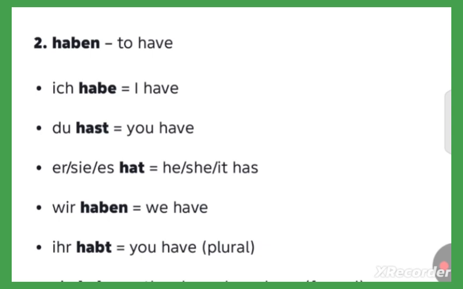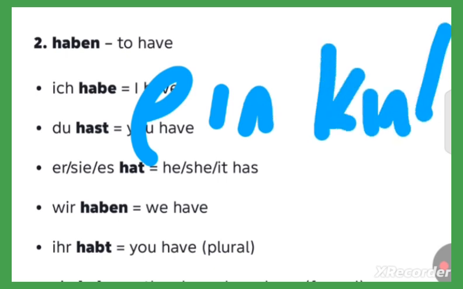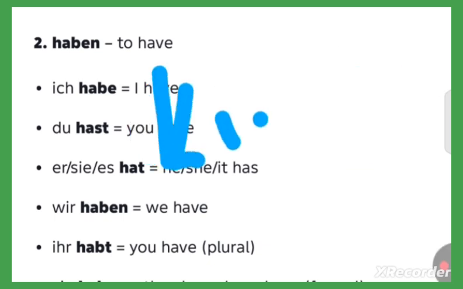I have, like, a child. Ich habe ein Kind. Child is Kind. Like the spelling for kind, now it's pronounced as Kind in German. So ich habe is I have. Ein Kind, a child. So ich habe ein Kind. I have a child. I have children. Children is Kinder.